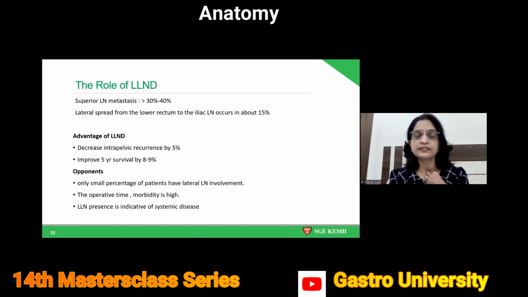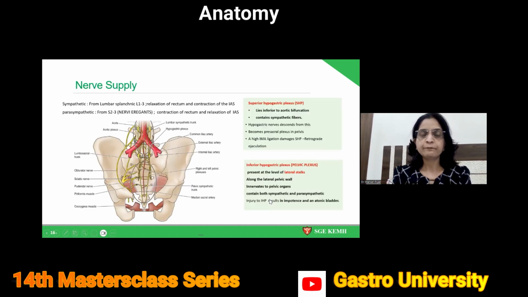However, the opponents say that as it is involved in only a small percentage of cases, why add operative time and thus put the patient at higher morbidity. Besides this, they consider involvement of the lateral group of pelvic lymph nodes to be indicative of systemic disease.